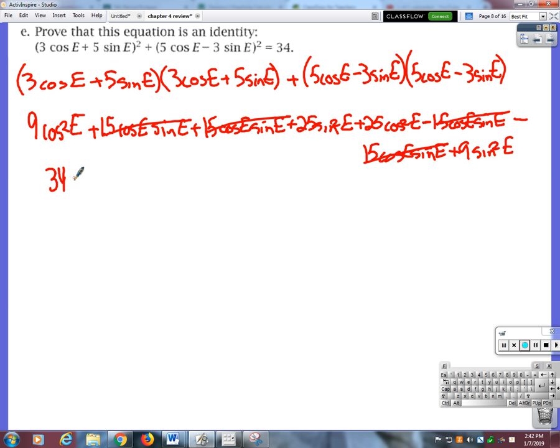So I've got 34 sine squareds. Plus, how many cosine squareds do I have? 34 cosine squareds. So guess what? If sine squared plus cosine squared equals 1, what do you think 34 sine squared plus 34 cosine squared equals? 34, which is what we were trying to show. It is. All right? That's my answer.